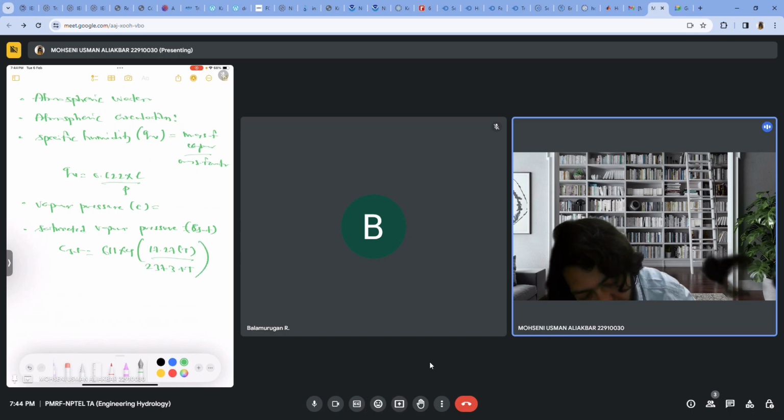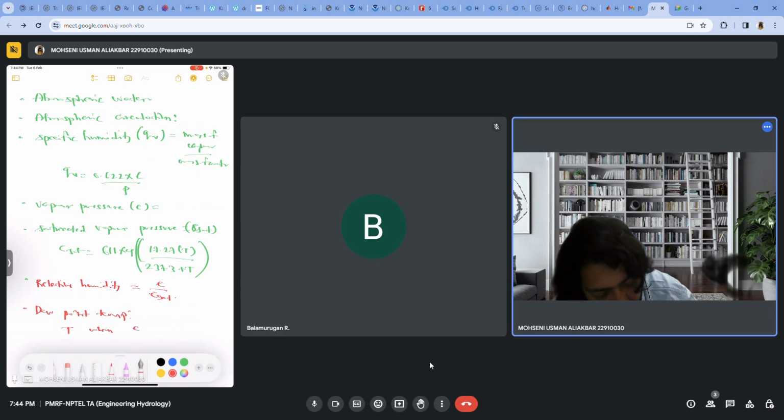Using this equation we can calculate E sat, and we know what e is. Once we know these two definitions, we can calculate relative humidity, which is nothing but e upon E sat. And lastly we covered dew point temperature. The easiest way to remember it is that at any temperature when vapor pressure becomes saturated vapor pressure, that temperature is the dew point temperature.